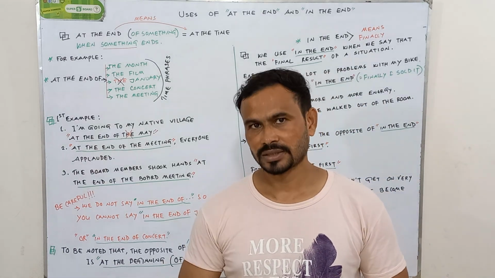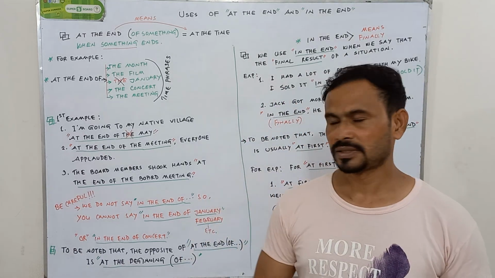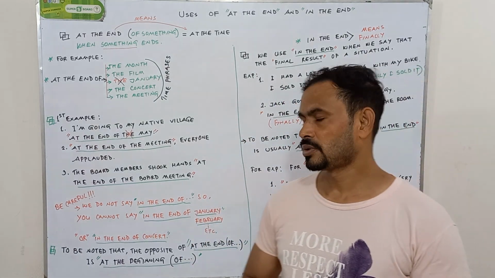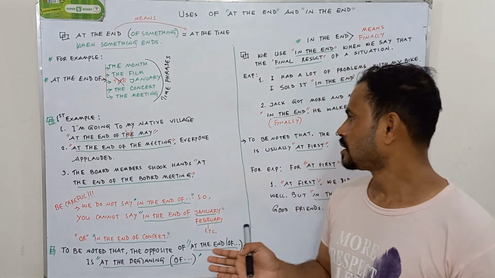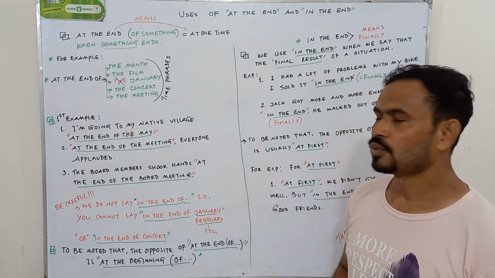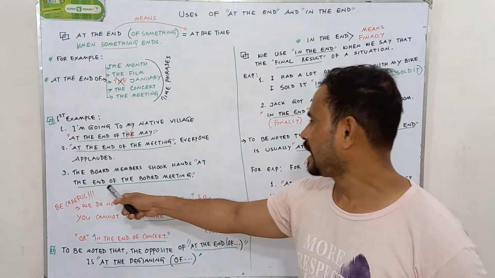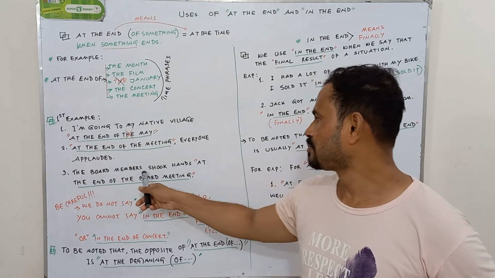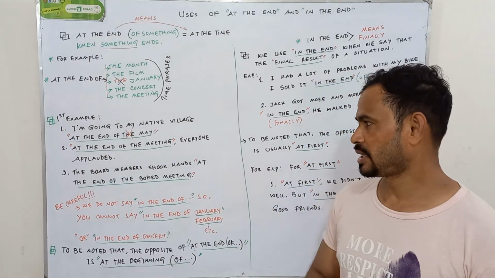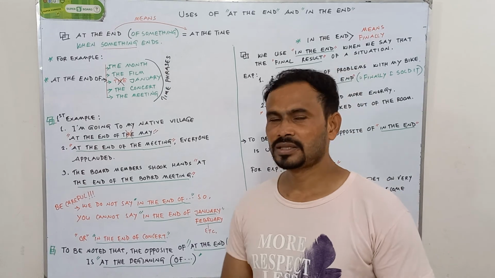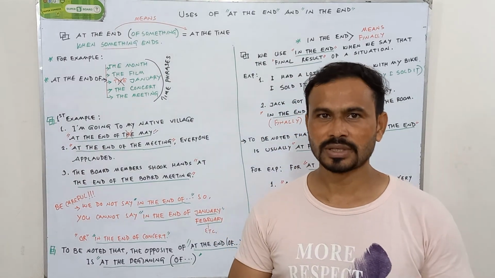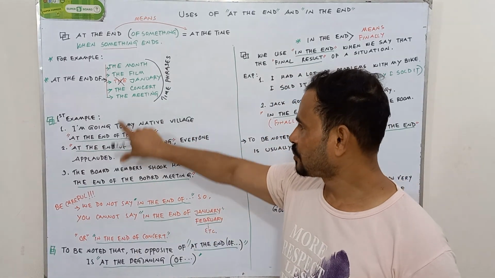So in this context, we can say at the end of the board meeting, the board members shook hands. Okay. So friends, I think you understood clearly in three sentences.